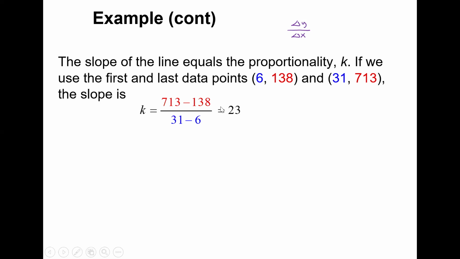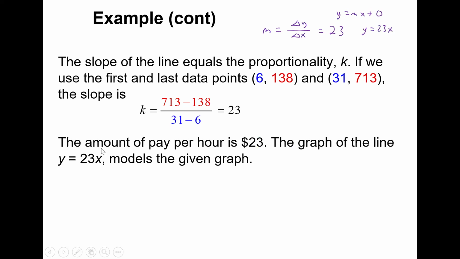And when we do that, we end up with 23. So that means m is equal to 23. We had y equals mx plus b, where b was 0. So really, we end up with y equals 23x. Okay. So the amount of pay is going to be $23 per hour.